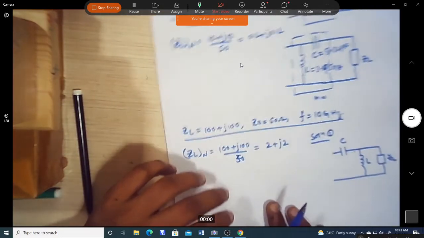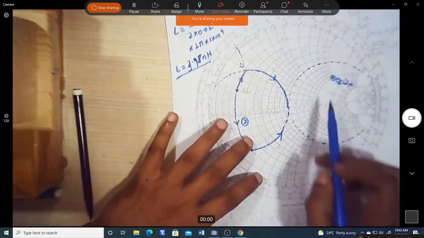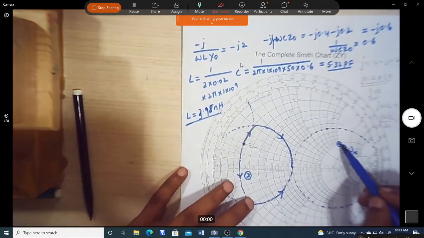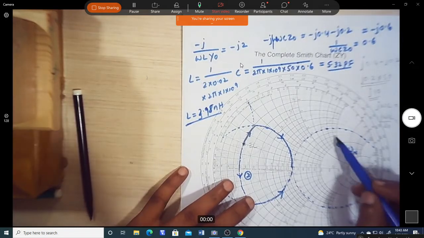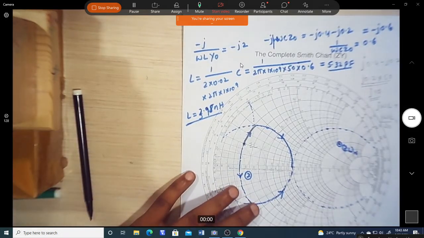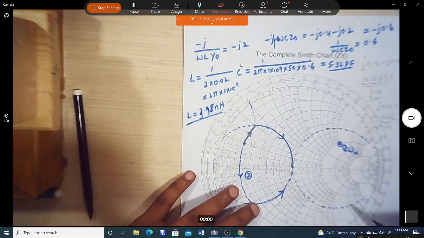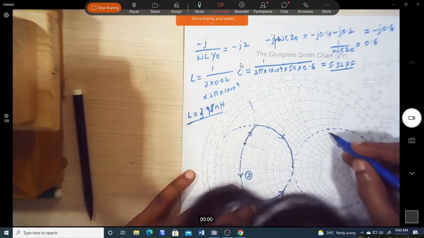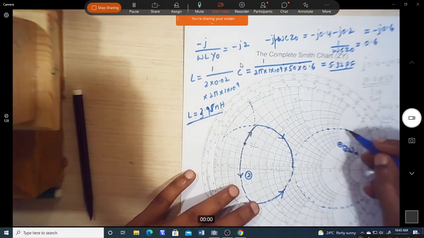What you will get? So first you find out the value of the L. So how much is the susceptance offered by the inductor. So you can see on the conductance circle, which is actually parallel here.